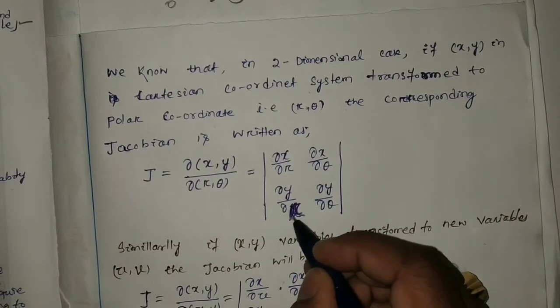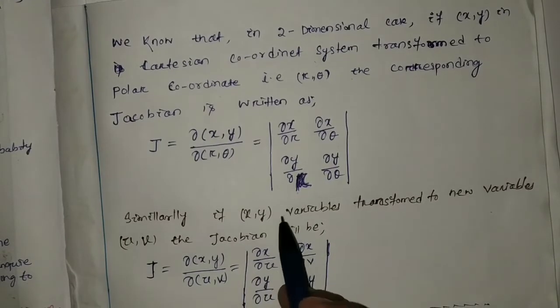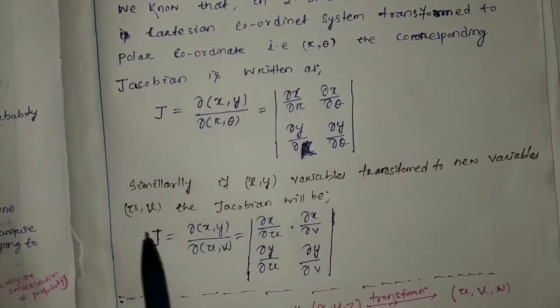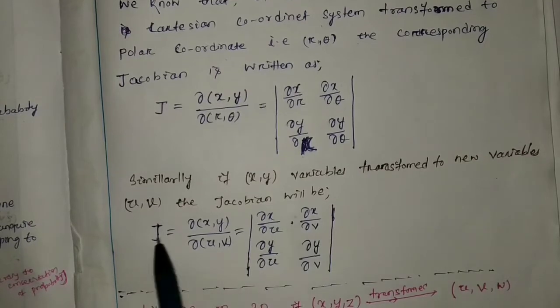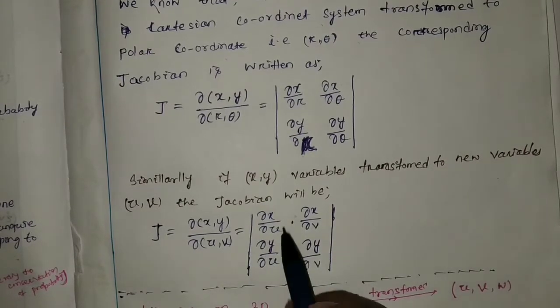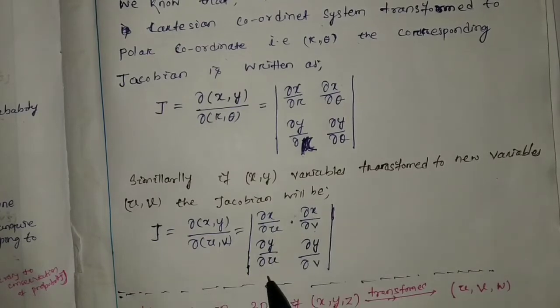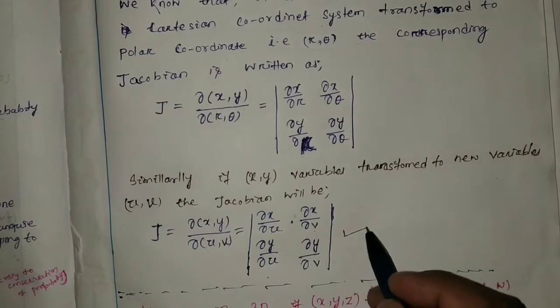Similarly, if we consider x, y as two variables transformed to new variables u, v, the Jacobian is written as J equal to del x y by del u v, equal to the matrix of del x by del u, del x by del v, del y by del u, del y by del v.